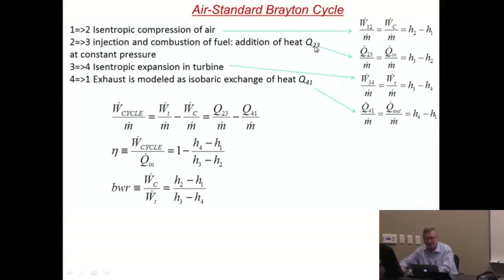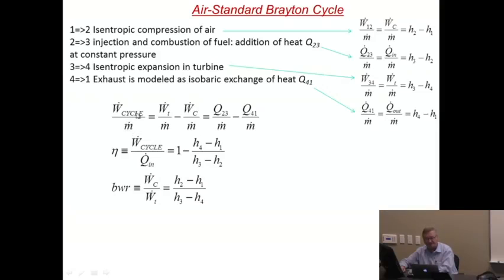The injection and combustion of the fuel adds heat Q23. That heat is equal to the increase in enthalpy between 3 and 2. Isentropic expansion in the turbine: the work done by the turbine in total is H3 minus H4, and exhaust is modeled as an isobaric heat exchange Q1. Q1 is H4 minus H1. All these systems individually are open, so only enthalpies are used.